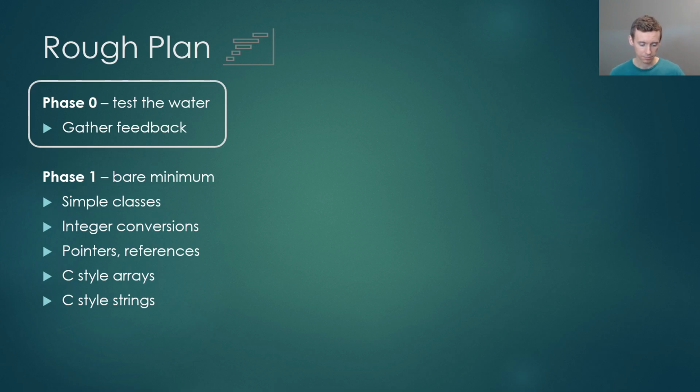Yeah, let's get going. Phase 1 is going to be the bare minimum: simple classes, integer conversions. C# handles integers slightly differently than C, which I think is actually a really good thing. In C, depending on the ranking of your integer types, you might compare a signed integer with an unsigned integer, and then the signed integer looks like it's unsigned, which is usually not what you want.